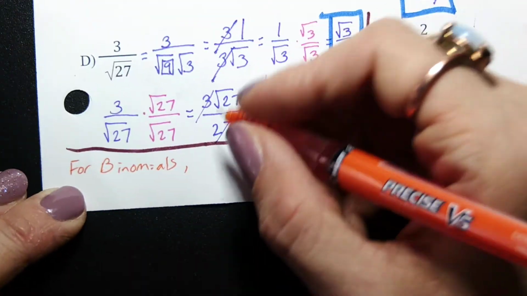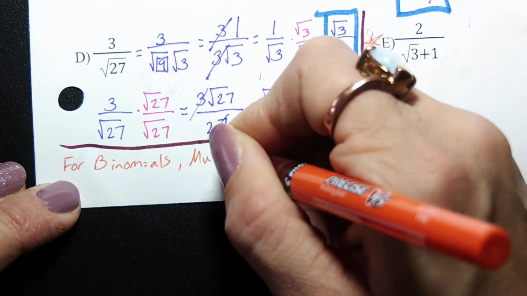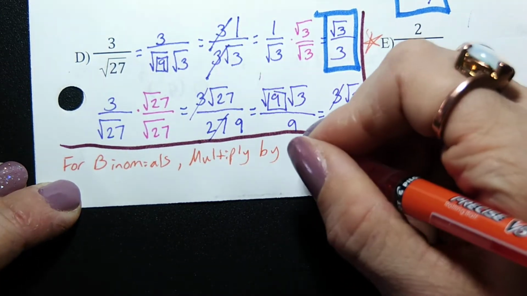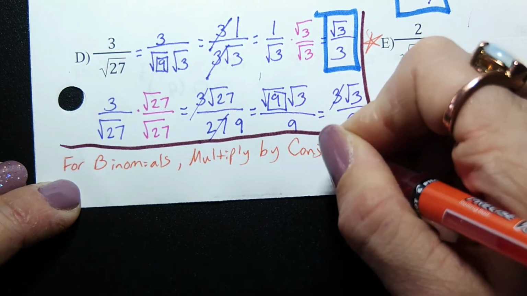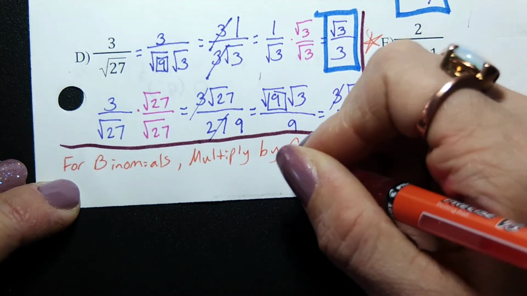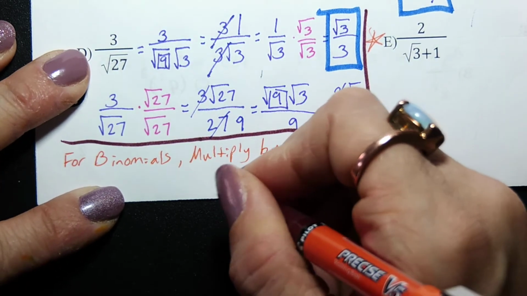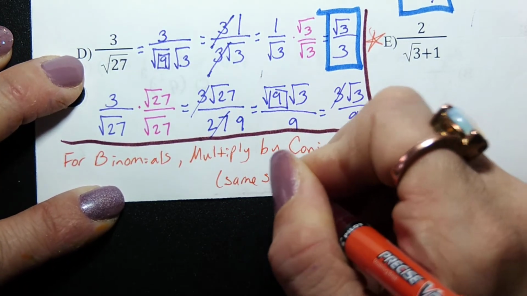we multiply by the conjugate. Now, conjugate is a fancy word that basically means same stuff, different sign.